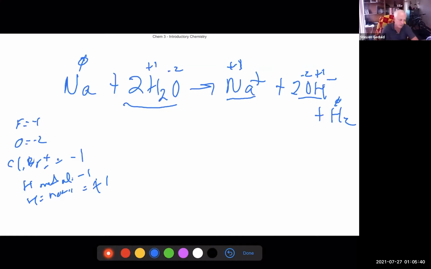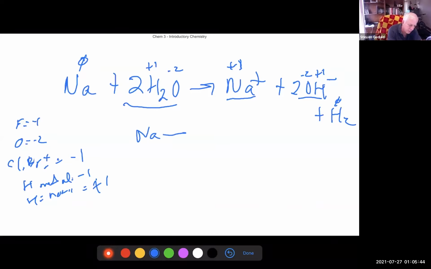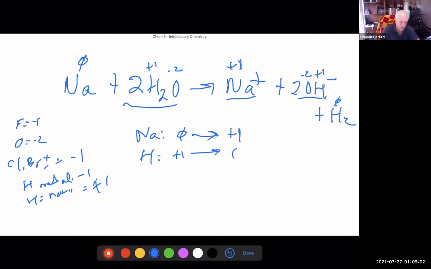So if we look at this, all these numbers tell us is that sodium went from 0 on the left side to +1. Hydrogen went from +1 to 0. And oxygen stayed the same, -2 to -2.